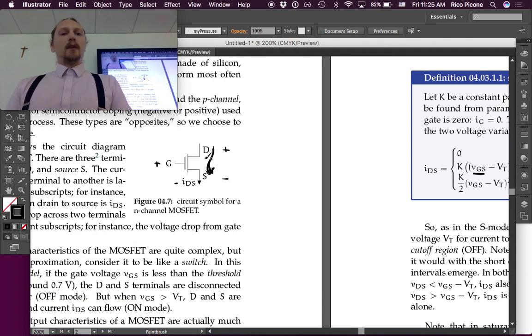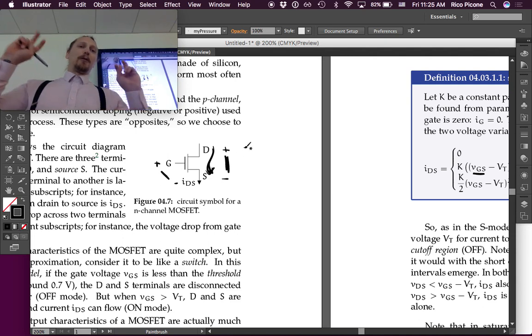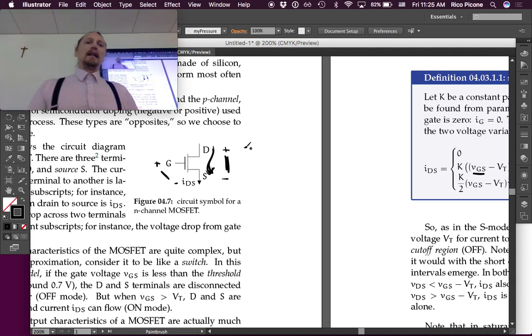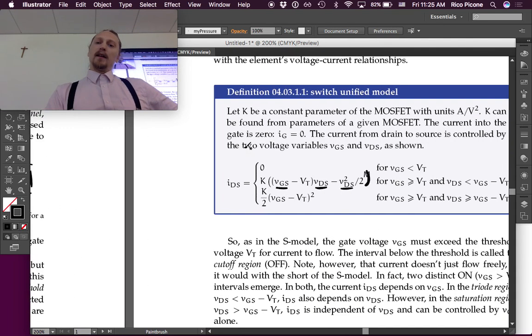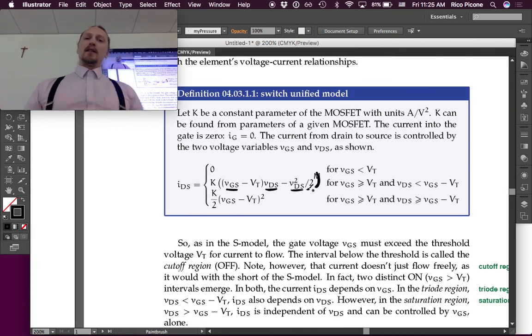So VDS isn't high enough to be in our preferred mode, which is called saturation, the next one. This one is this intermediate stage here.